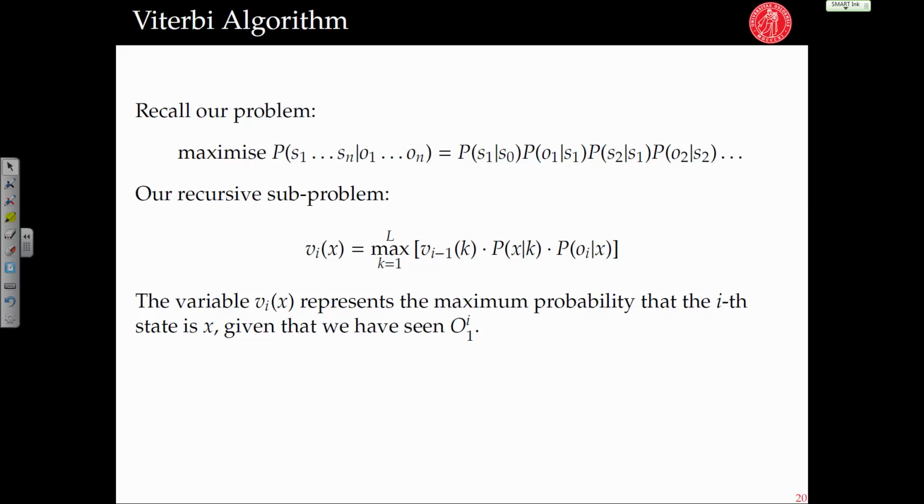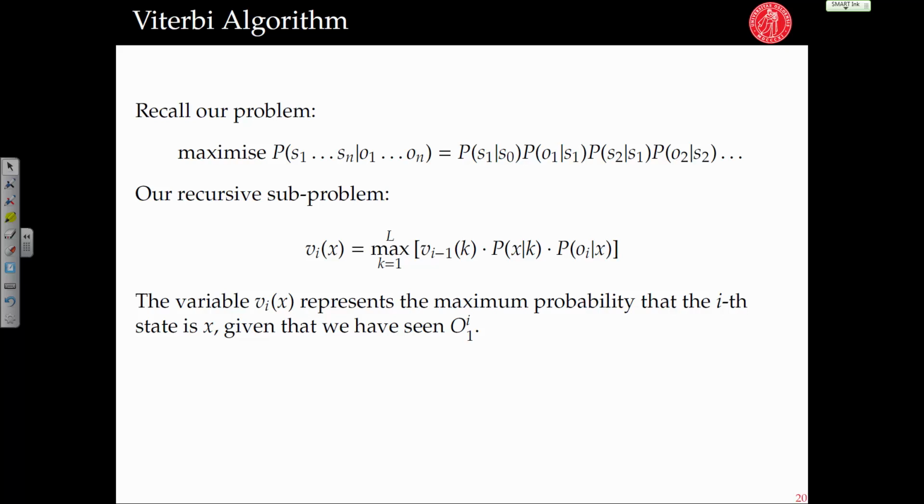A time point here you can think of as the index within the sequence, for example word number 3, so i equals 3. Or if we think of the ice cream global warming problem, being at time point, say, 2, x could be h or c.